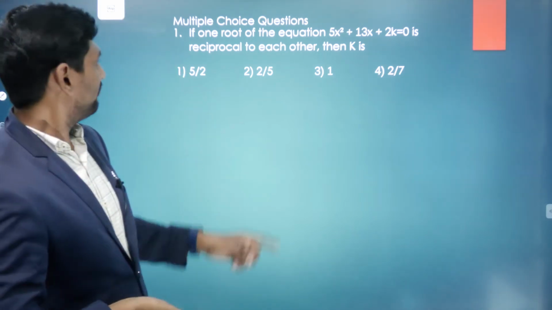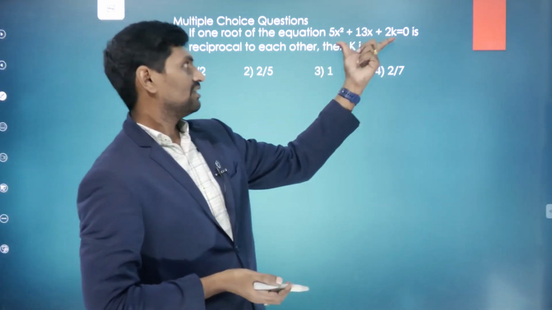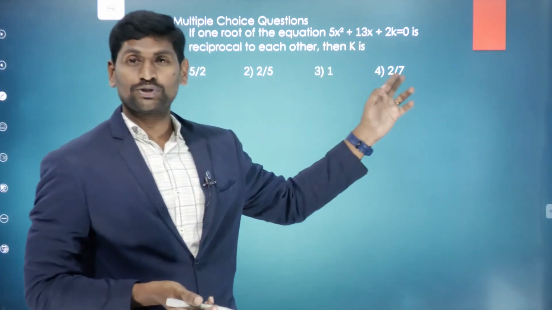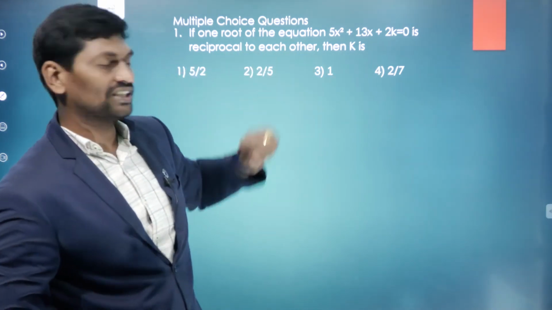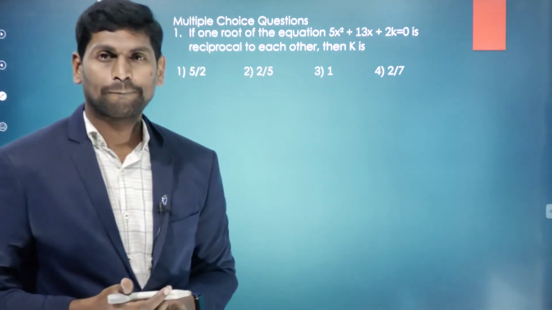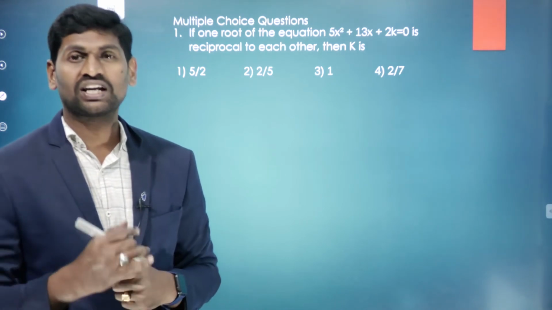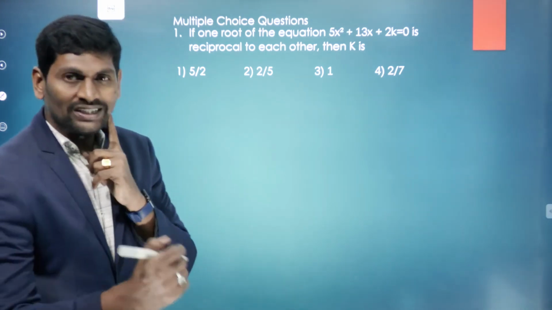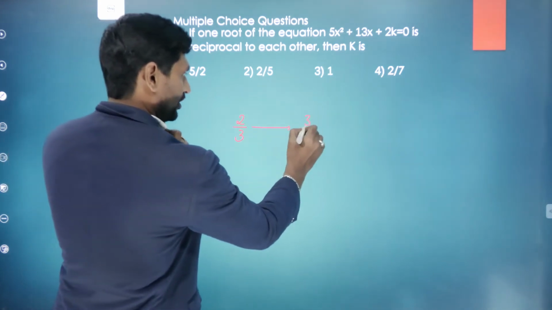First, if one root of the equation 5x square plus 13x plus 2k equals to 0 and is reciprocal to each other. So, do you remember the reciprocal, right? Another name of reciprocal is multiplicative inverse. For example, 2 by 3 if you have, its reciprocal will be 3 by 2.